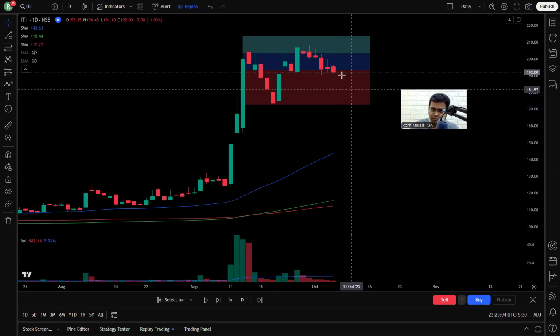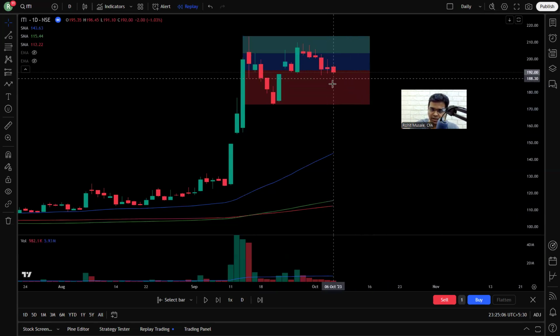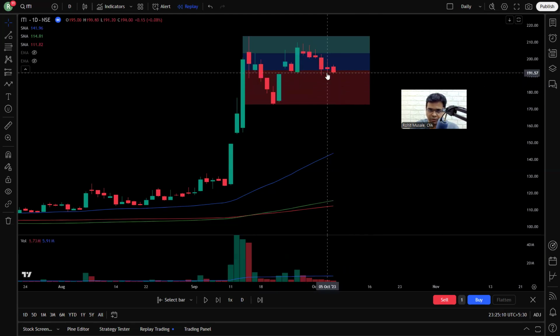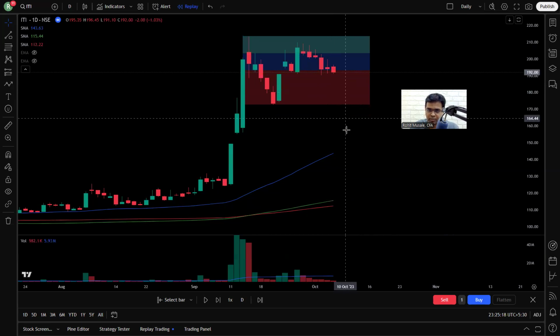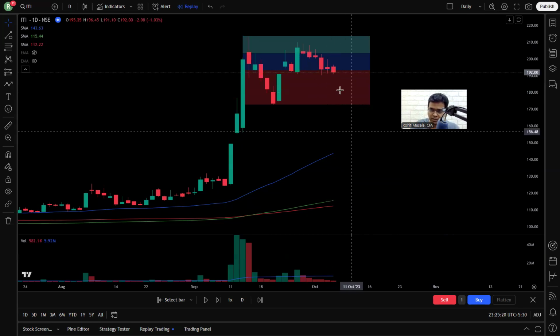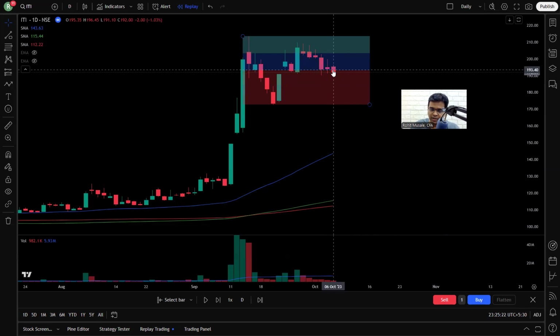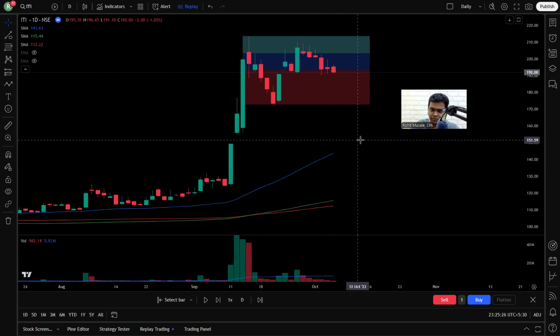And preferably, if you have a mother baby candle similar to this, now this I don't think is a mother baby candle because the low of this candle is 191.20. The low of this candle is 191.10. So this is not a mother baby candle. Mother baby means the entire range of this candle from high to low is inside the entire range of the previous candle.